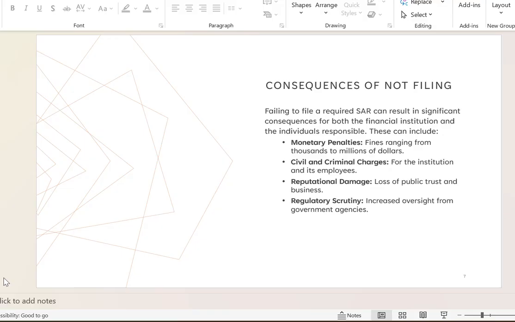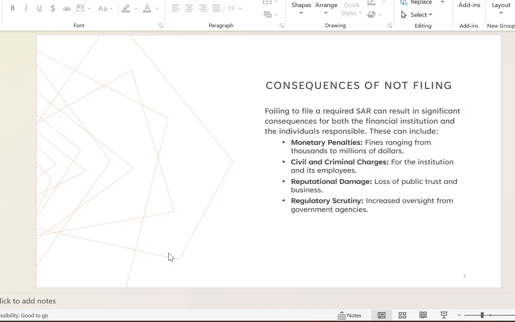So let's look at the consequences of not filing the suspicious activity report. If a financial institution does not file the suspicious activity report when they find a suspicious transaction, they face some challenges. Failing to file the required suspicious activity report can result in significant consequences for both the financial institution and the individual responsible. First, there are monetary penalties.